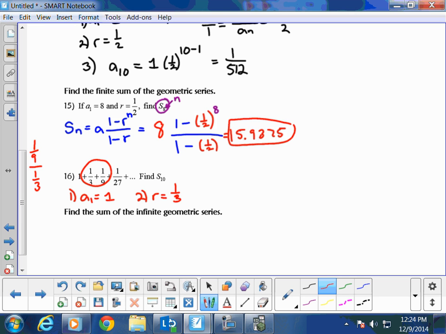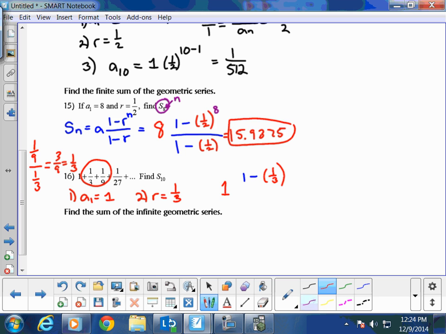Take the next one and divide it by the previous one. This comes out being 3/9, which means it's 1/3. But for our purposes, we're going to have to find the sum, so we're going to do the same thing here. Let's go ahead and do the substitutions. 1 minus r, which in this case is a third.